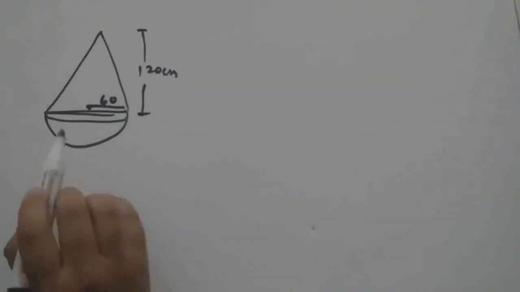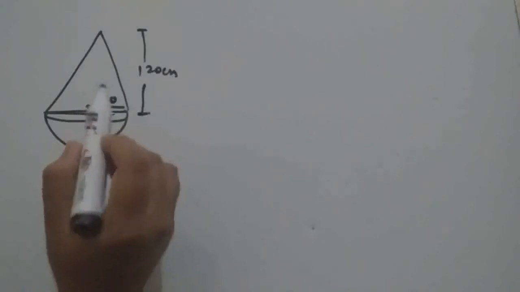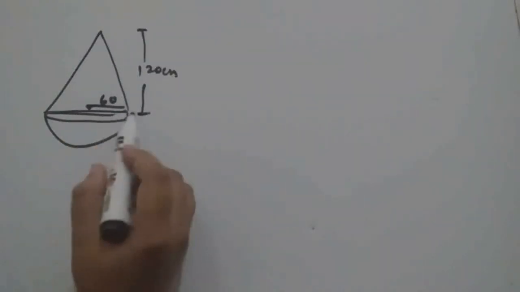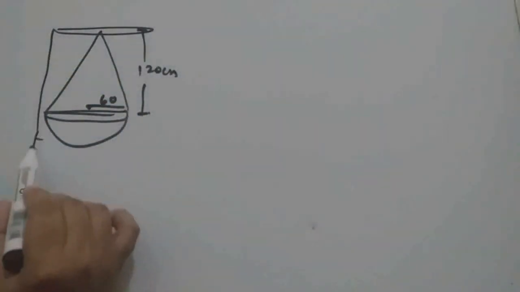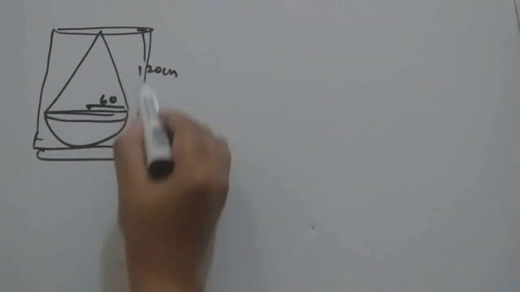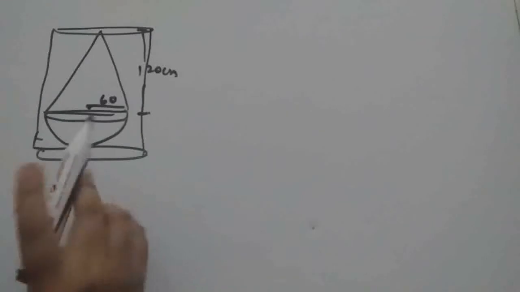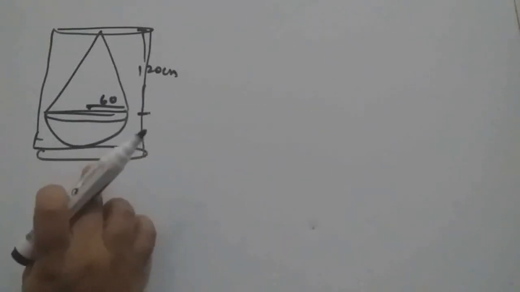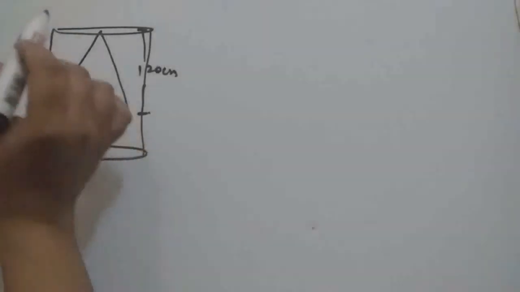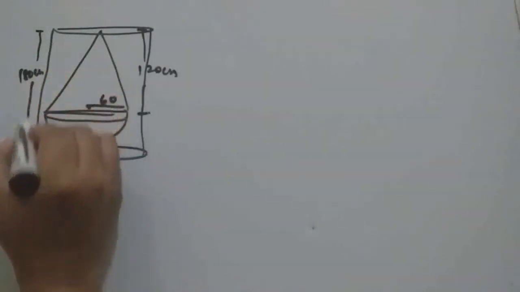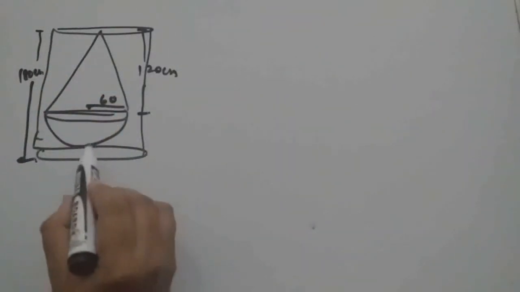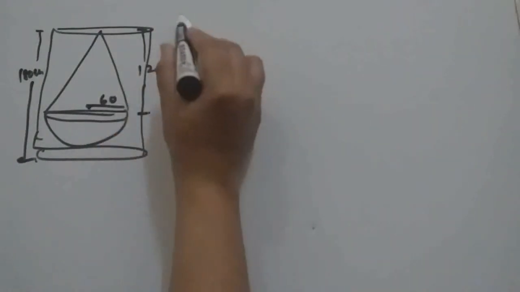Then this solid is placed in a right circular cylinder like this, such that the bottom touches the cylinder. This height is also given, 180 centimeter, and the radius is the same, 60 centimeter. So the radius is the same for all.